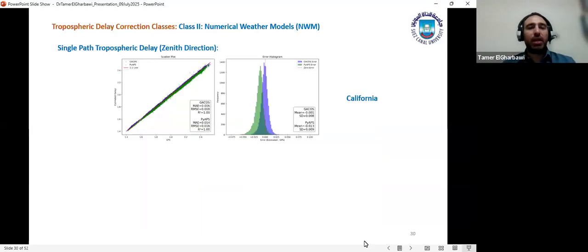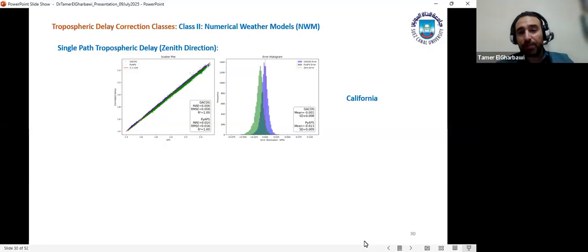So we have here the result of the single path, or of the zenith direction. We can see a very interesting result that GACOS is actually having a mean absolute error of 6 millimeter and PyAPS is actually 14 millimeters.